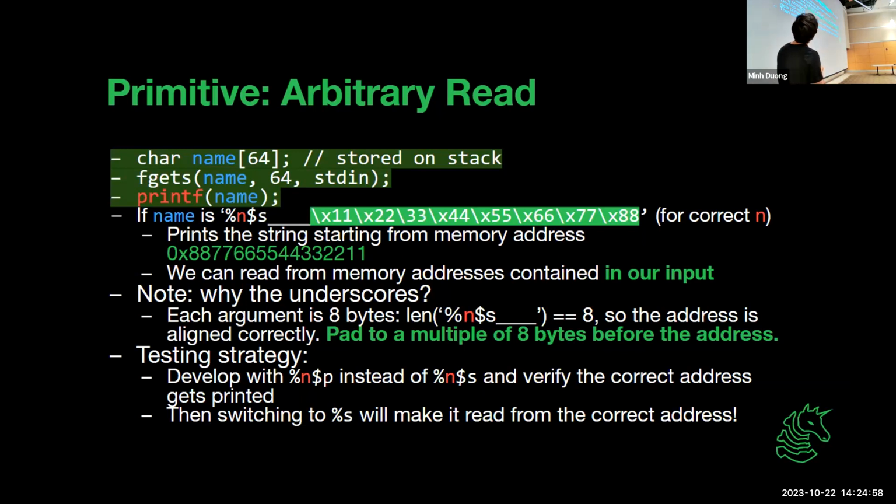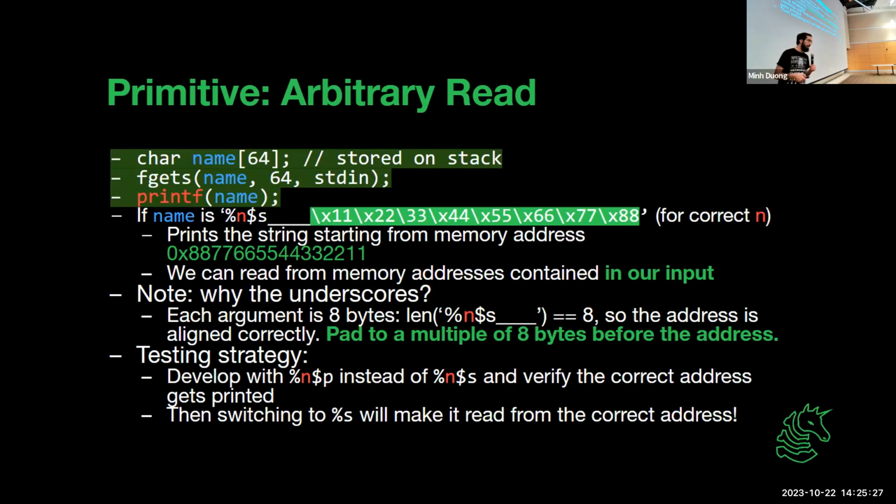So we pad, and we're able to use the %p specifier to get the address before we use %s to verify that things work out as we expected. Because %s will dereference the pointer, whereas %p will just read off the bytes that we care about. So that gives us arbitrary read. So that's pretty nice, pretty useful.